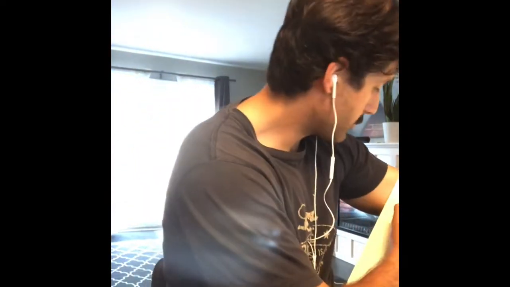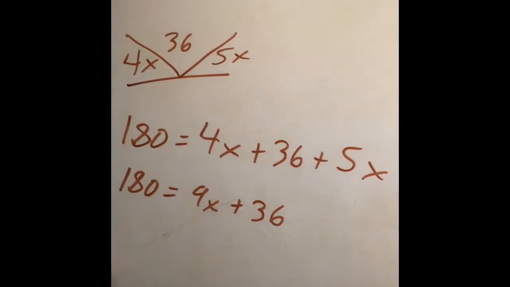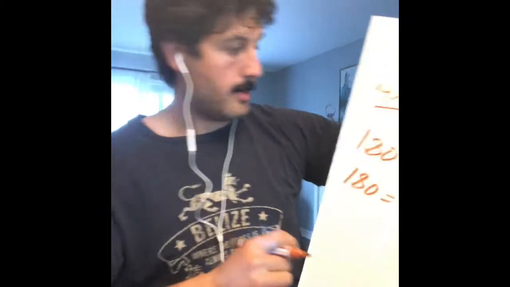Collect your like terms. And simplify it. So I just collected my like terms and simplified, and now isolate x.